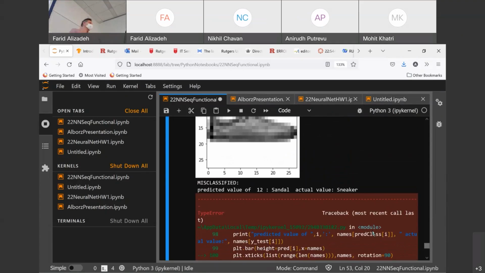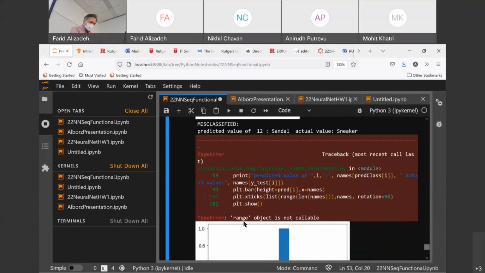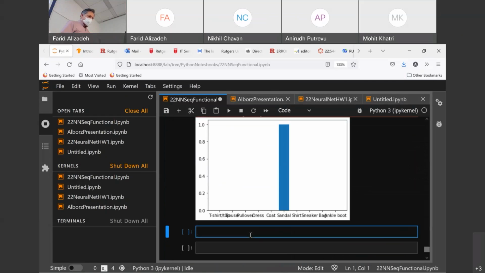I probably would make those mistakes too. Again, I don't know what happened. Oh, the range. I have to fix that. Also, I don't know why these are supposed to be vertical. I don't know what's going on. Anyway, that's that. Any questions?